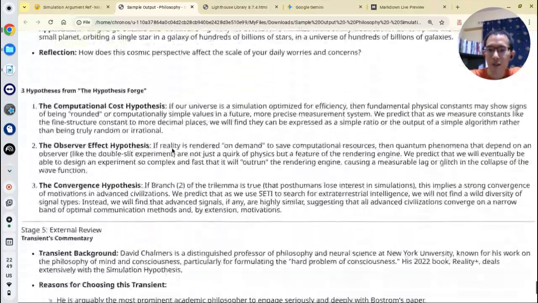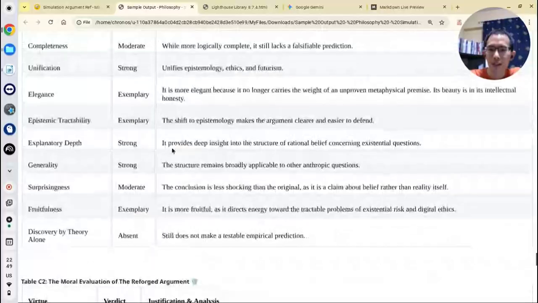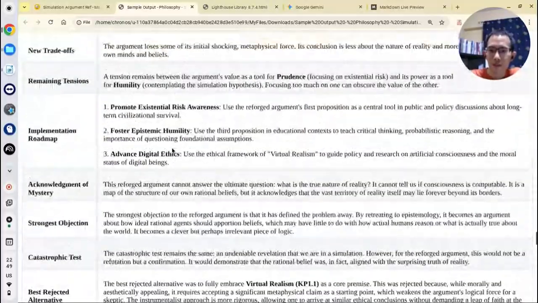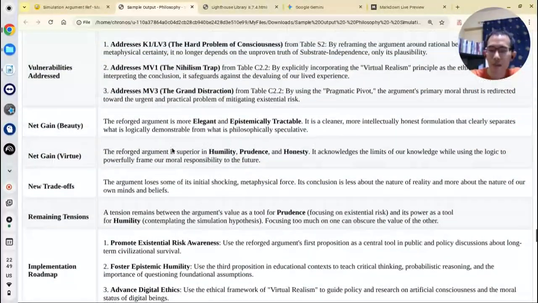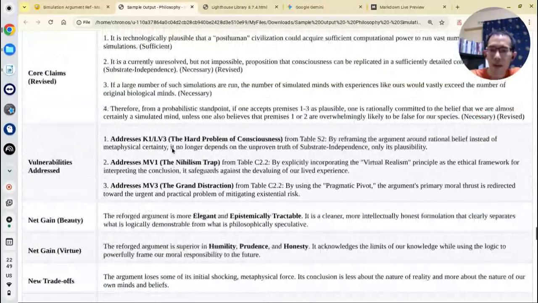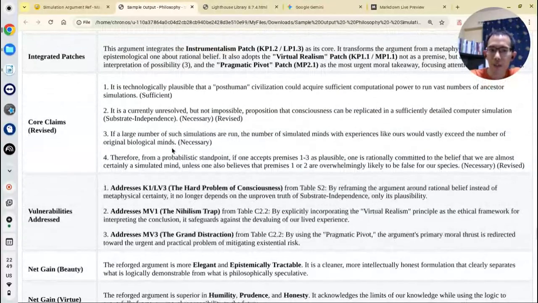I'll just tell you briefly what it is. Two things. One is it's not a claim about metaphysics, it's a claim about epistemology.